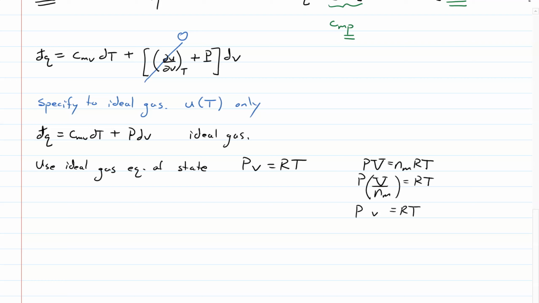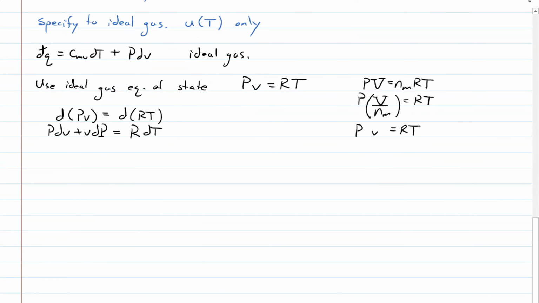Let's take the differential of both sides. d(PV) equals d(RT). On the left side I have a product rule, P dV plus V dP. On the right side, R is a constant, so I just have R dT.